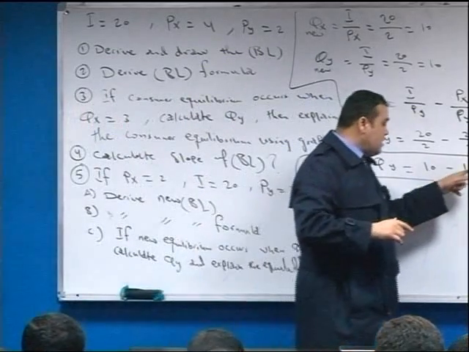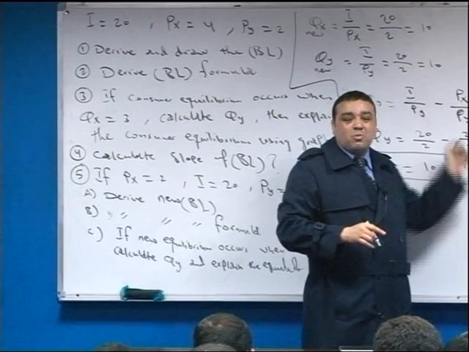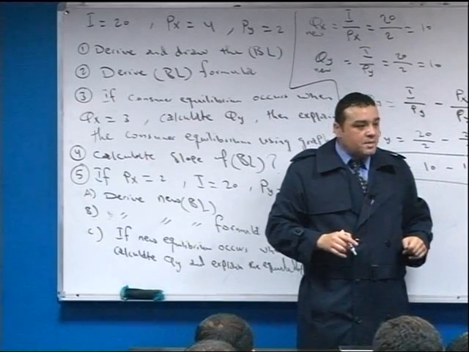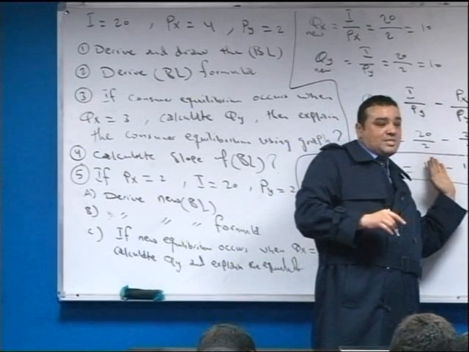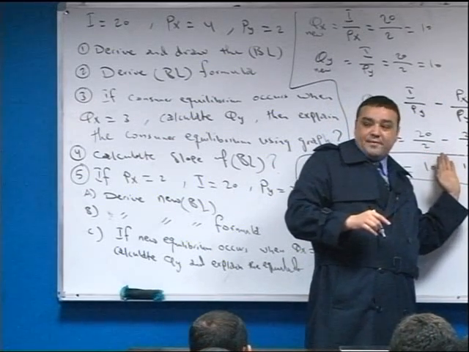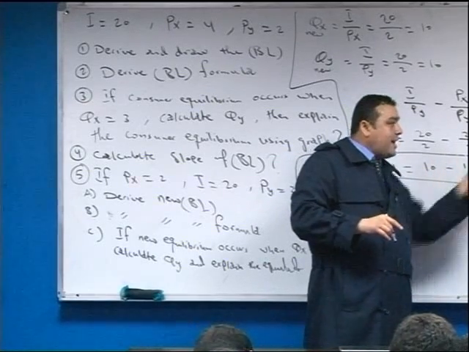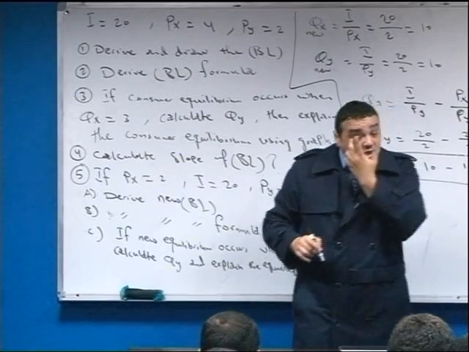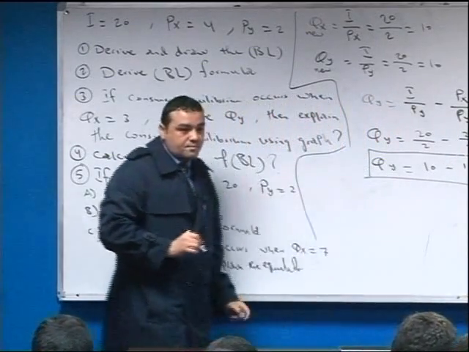So as you see, this is the new slope. It's smaller than the previous one. The previous one was 2, the absolute value of the slope is 2, and here it is 1. So the slope of the new budget line is smaller than the previous one. Right?